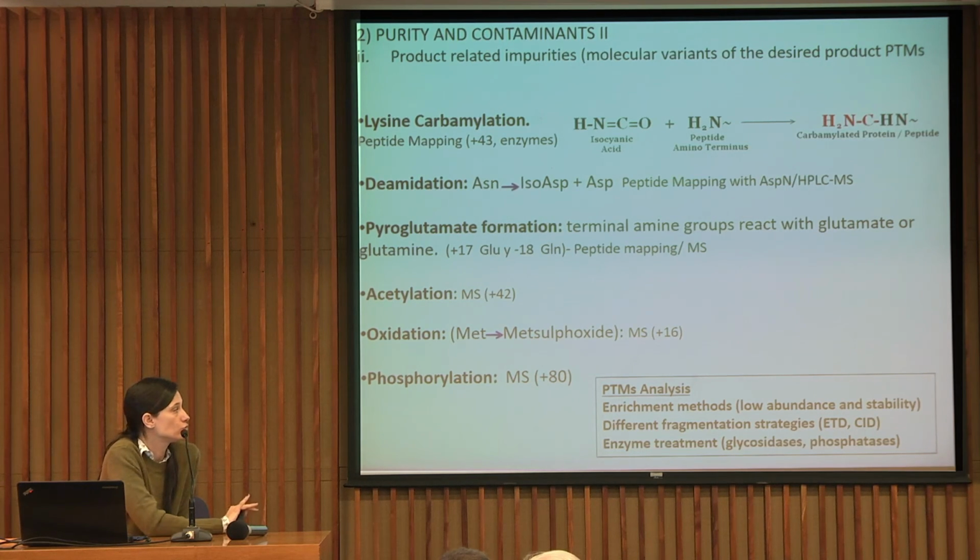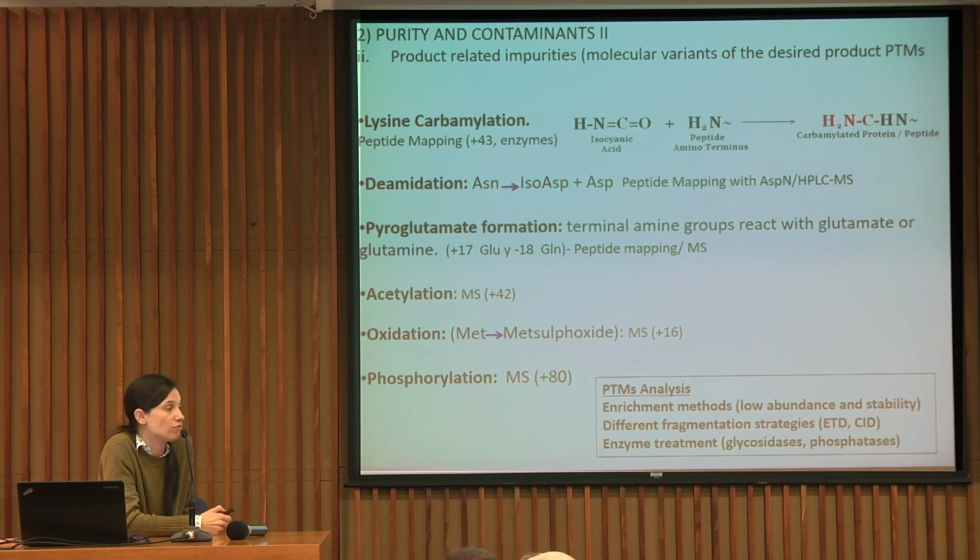It's important here to clarify that if you want to focus your study on PTM analysis, what you will have to do is to perform an enrichment of the modified peptides that you're interested in studying, because the post-translational modifications are usually low abundant and not very stable inside a mass spectrometer, so it's important to enrich your sample in the modification you're interested in studying.